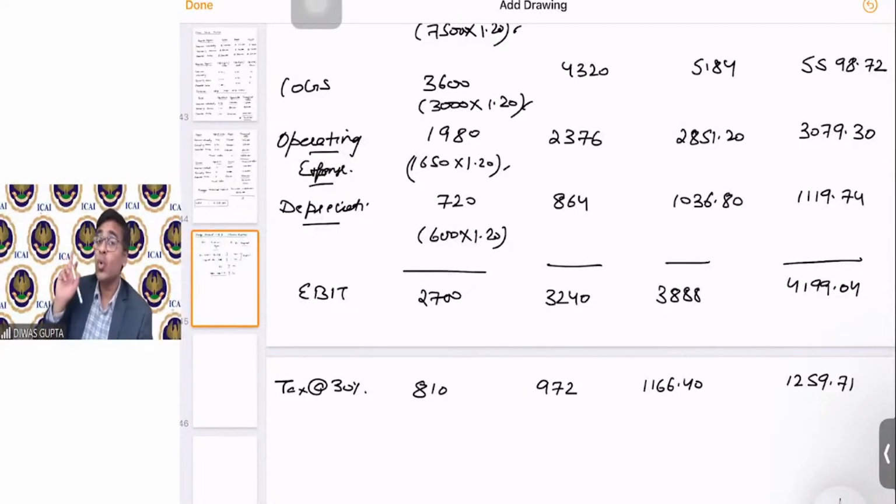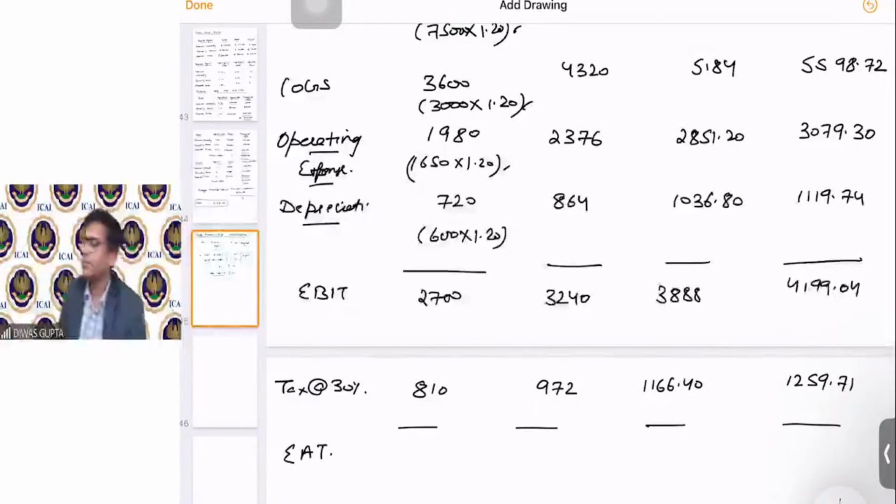So Jyoti, the question is saying capex minus depreciation is growing at 15%. However, depreciation itself is growing at 20%. You read again, Jyoti. We will come to that once we arrive at the EAT after this. I will explain that too.